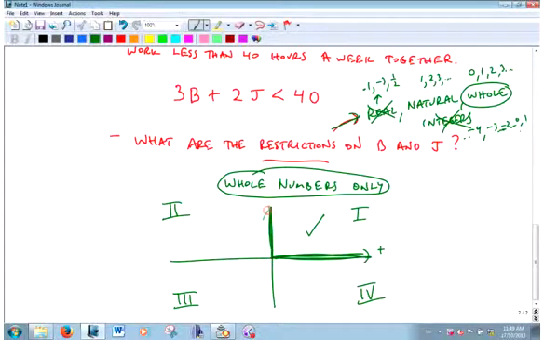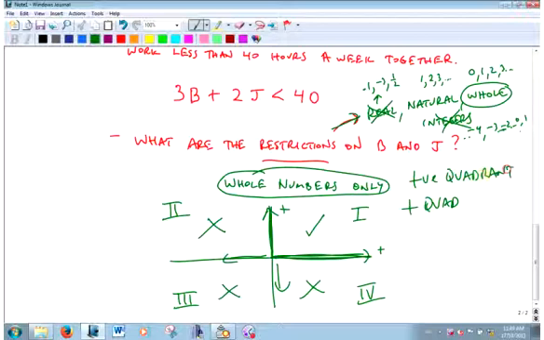This is positive for y here. Can I have negative hours? No. This is negative for both x and y, and that's negative for y, which is maybe money, right? Or the hours of both of them on the same graph. I just want one quadrant. Quadrant 1, or you could just say the positive quadrant. That's fine too. This is the only part of the graph that makes sense here. None of the negatives make sense. That's all we're trying to say.